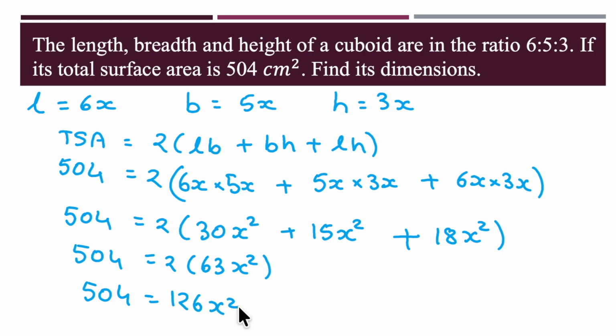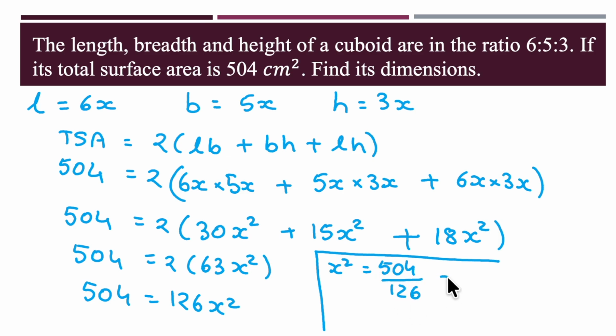So this gives x square equals 504 upon 126, that is 4. If x square equals 4, then x equals square root of 4, that is 2.